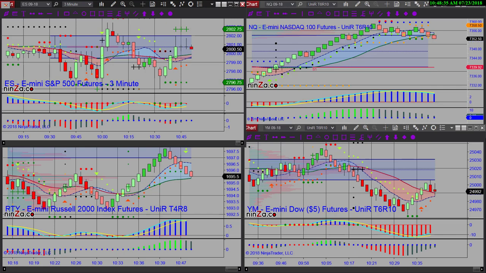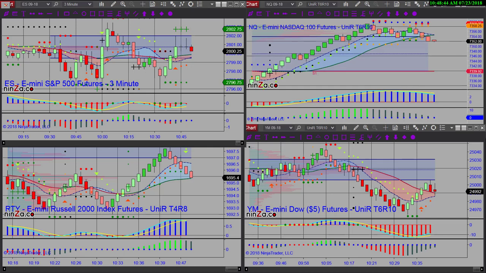Sorry, the NASDAQ is around 50. We should get down around 50, and I suspect a bounce at 50. Didn't get that low before we got our bounce.